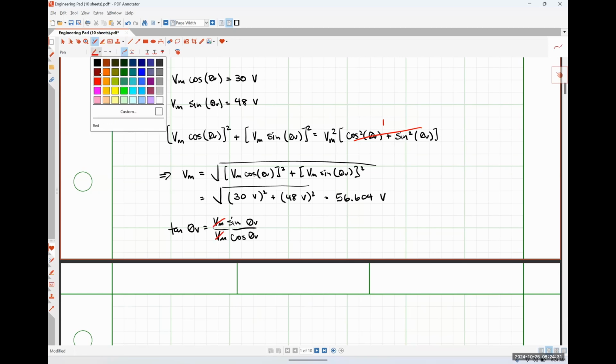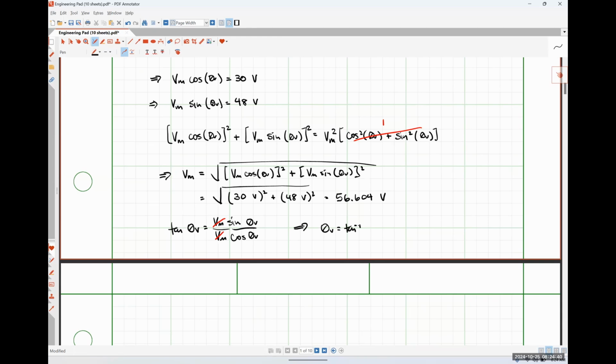And so I could say then that our phase angle, theta v, is just the inverse tangent of Vm sine theta v over Vm cosine theta v, or the inverse tangent of 48 over 30.